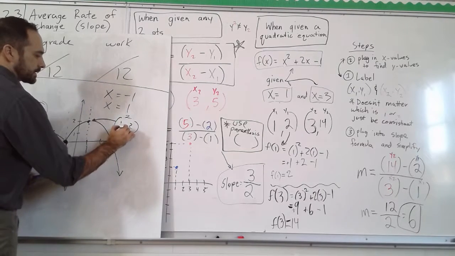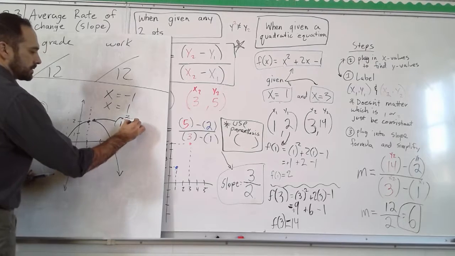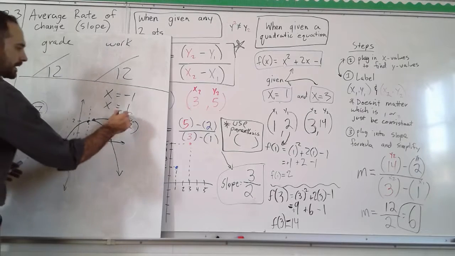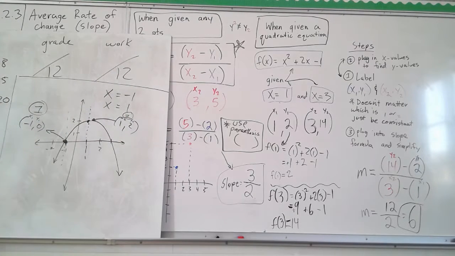So this is x sub 2, y sub 2. I just decided that as I was going, this is 1 group and 2 group. Doesn't matter as long as you're consistent. You can switch those and you get the same thing. So now I know x sub 1, y sub 1, x sub 2, y sub 2. Now I just need to find what the rate of change is.